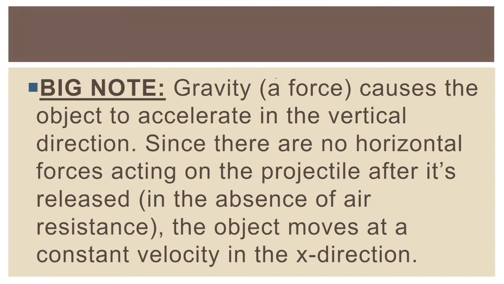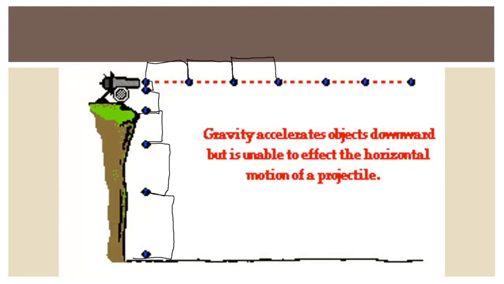Before you pause this and write that down, notice I very specifically used the phrase "after it's released." That's because when somebody is in the act of throwing a projectile horizontally, they're putting a force on it. The projectile is accelerating in the person's hand as they throw it, or accelerating in the cannon as the cannon shoots it.